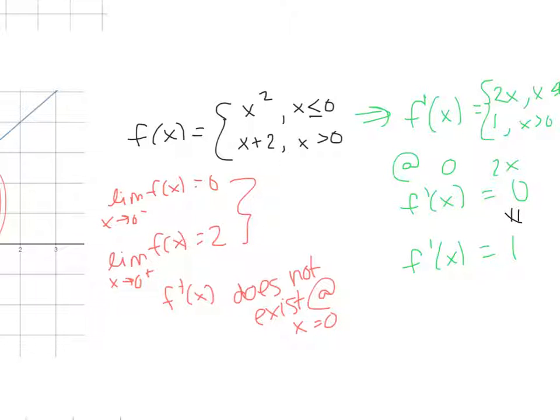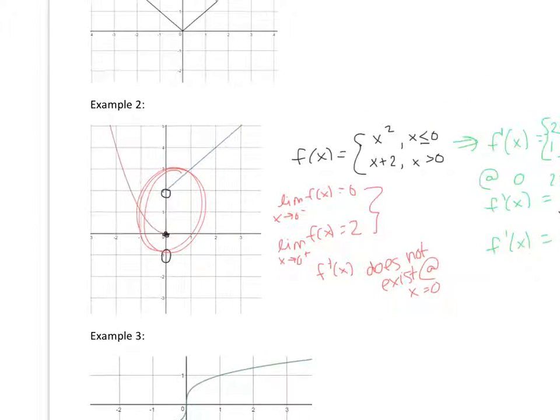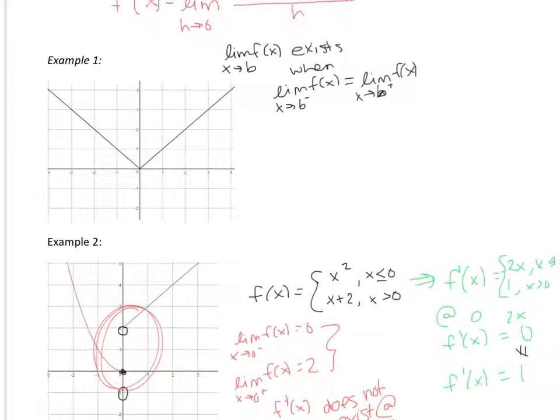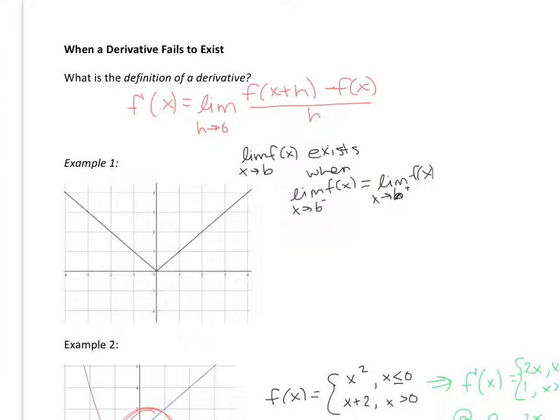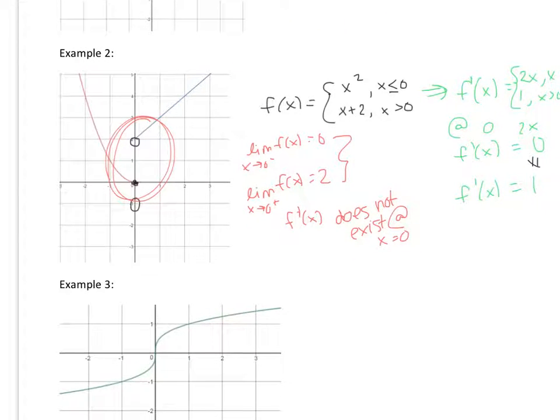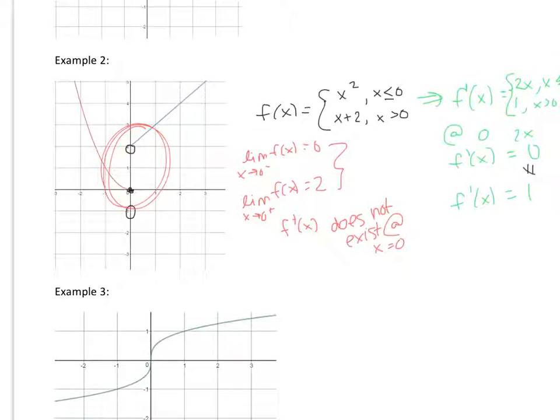So whenever you have a jump discontinuity, in this case, we would say our limit does not exist, which means then that our derivative does not exist. If you can't find a limit, you can't take the derivative, and that's all based on this definition right here. Again, if the limit from the left does not equal the limit from the right, you in no way can take the derivative. So that's the first time your derivative doesn't exist.